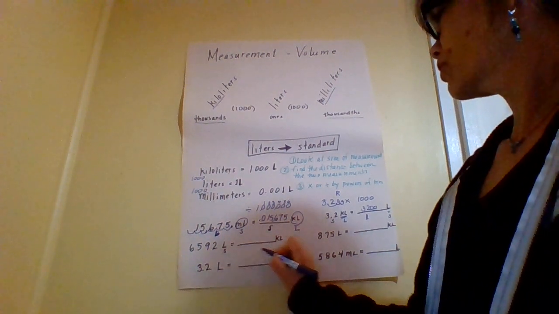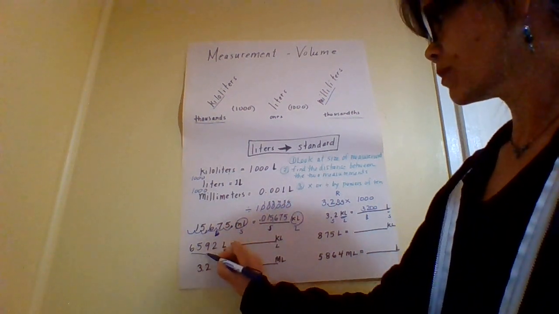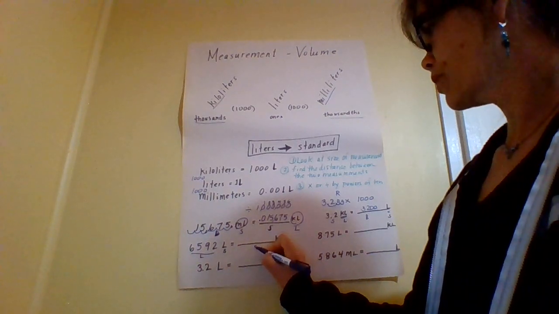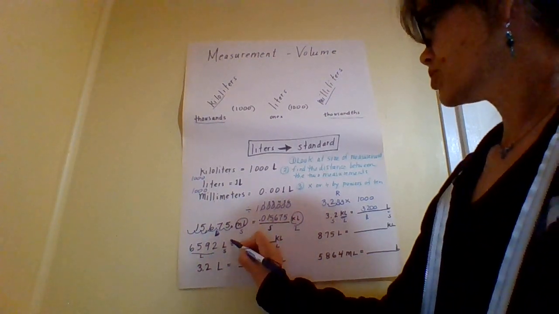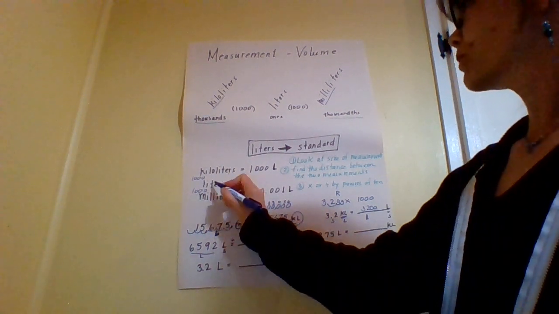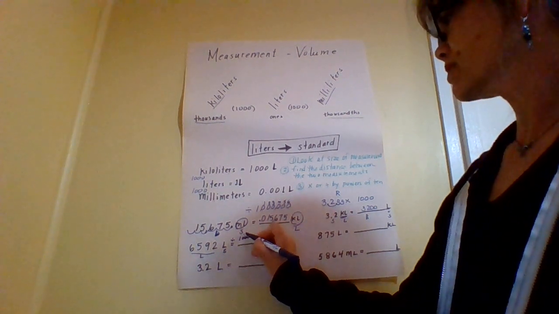Okay, next problem. Liter, smaller, kiloliter, larger. That means this number here is going to be larger, which means we're going to get smaller over here, and that means division. And then we look at the distance from liter to kiloliter. It's 1,000. So we're dividing by 1,000.